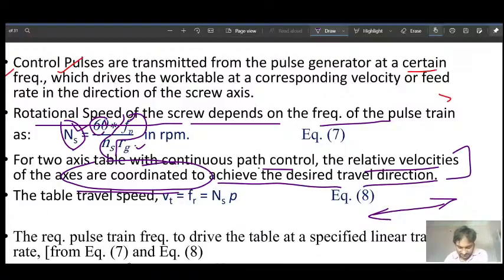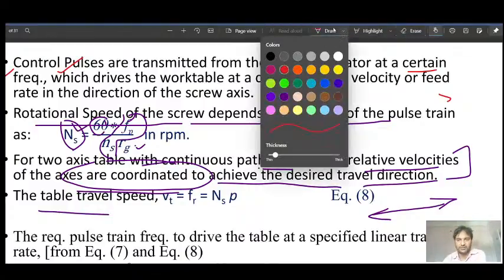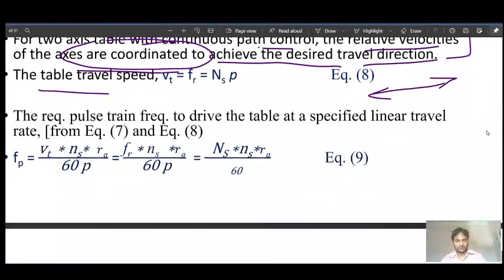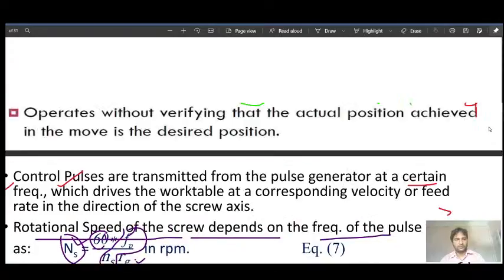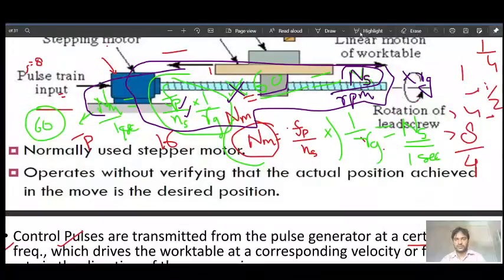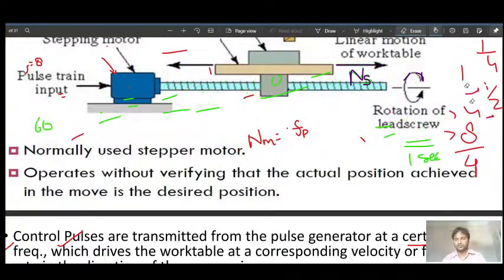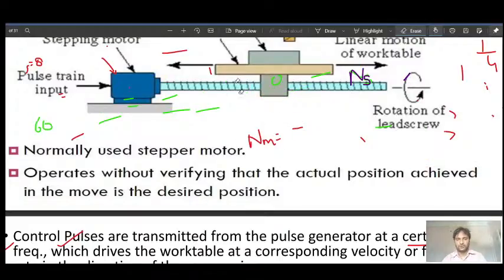So the travel speed is given by, as we have the Ns value of the table. So the Ns value of the lead screw is directly related to the table.